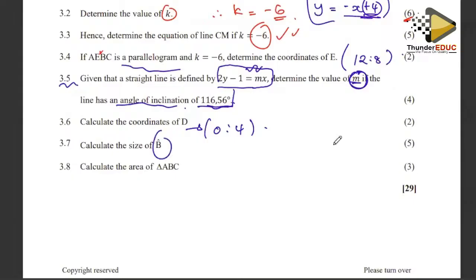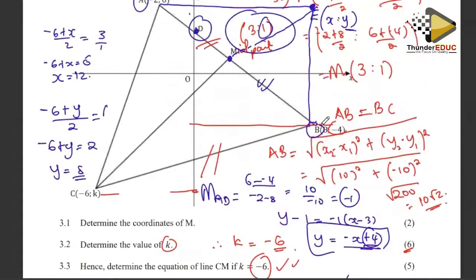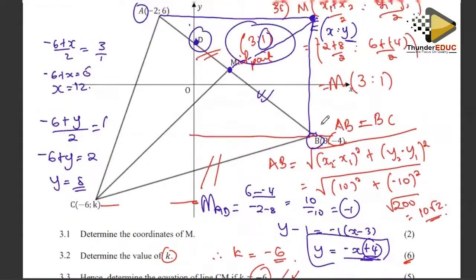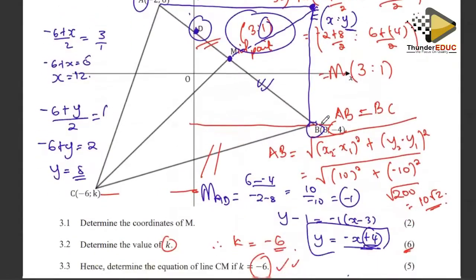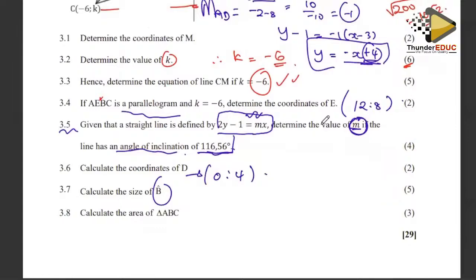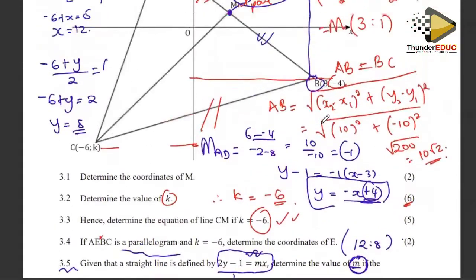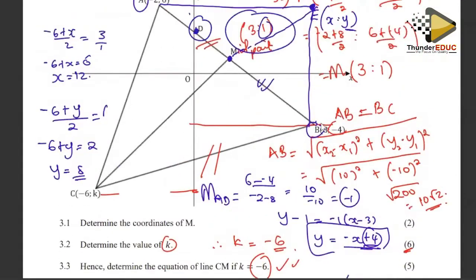Then they want us to get the size of B. The size of B. Now, is the B in relation to the triangle or the parallelogram? Okay, I'm just going to ignore the parallelogram and focus on the triangle here.